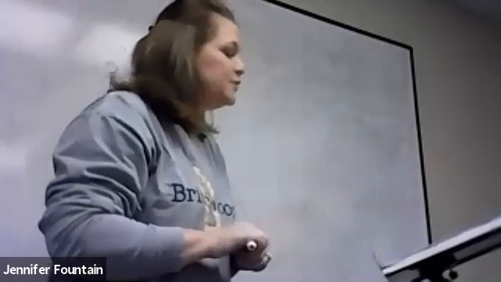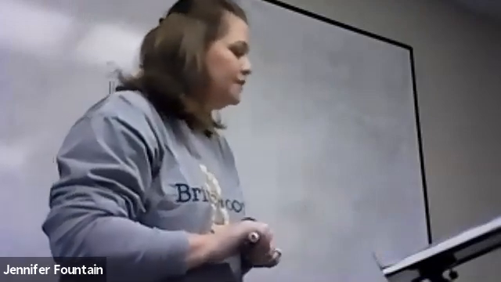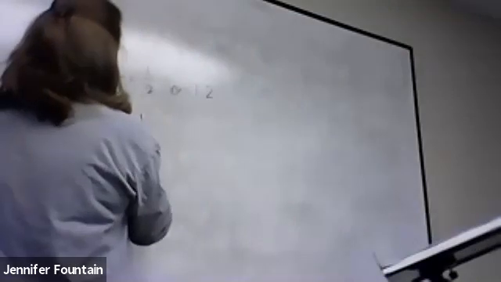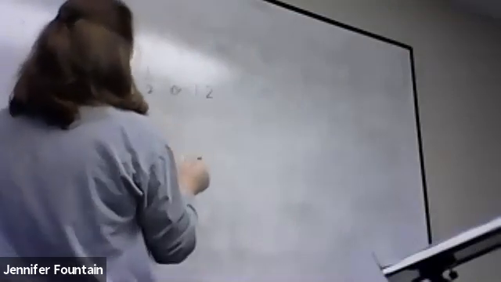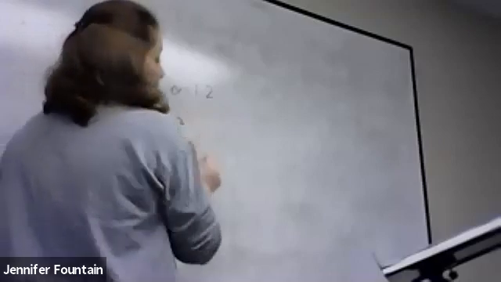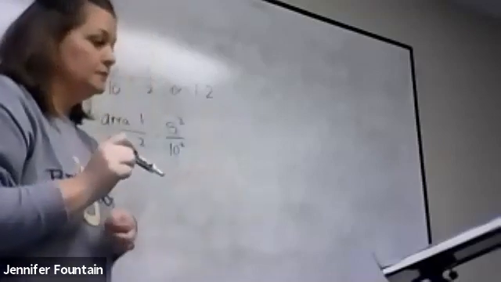Now letter B says find the ratio, red to blue, of the areas of the pentagons. So remember we said the area of 1 over the area of 2 is equal to side squared over side squared.